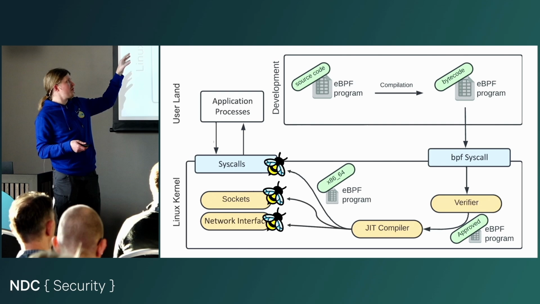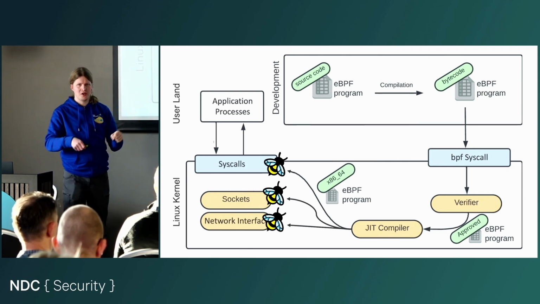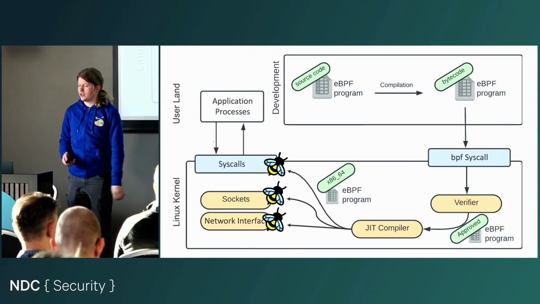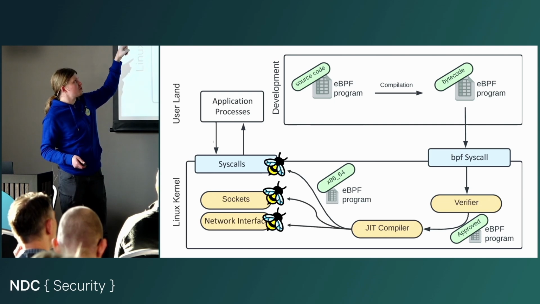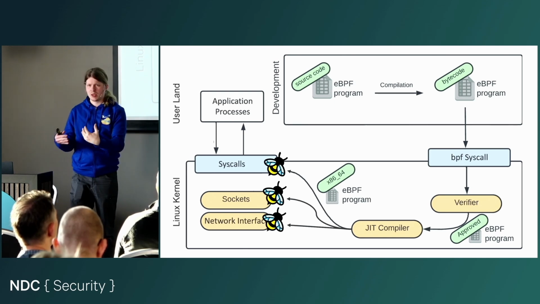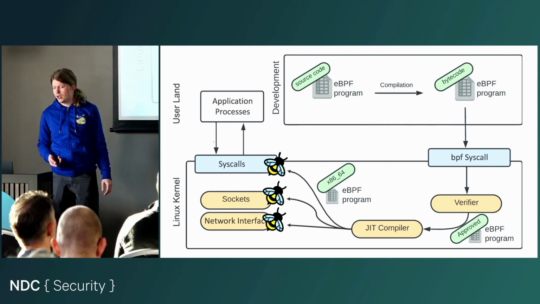We can do the same things with sockets. We can do it also for any system call. We can hook on and say, whenever the system call is called, then do something. And that's also how we get information from the application process, because application processes usually interact with syscalls, and so we can also monitor our application.